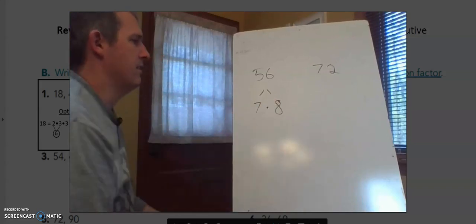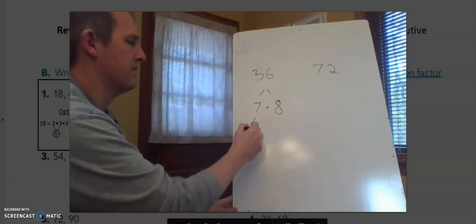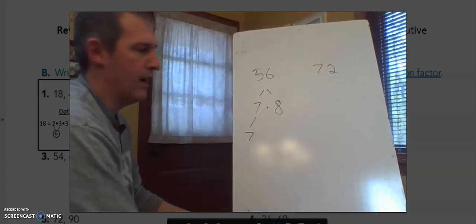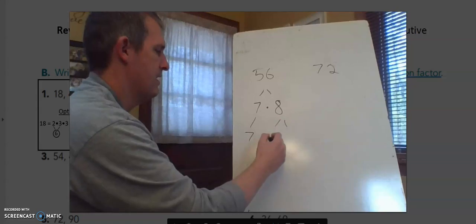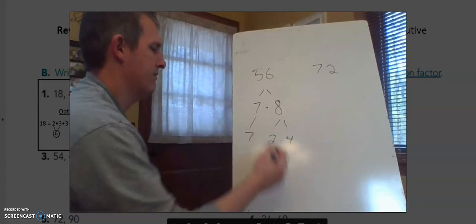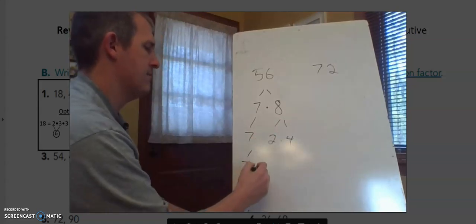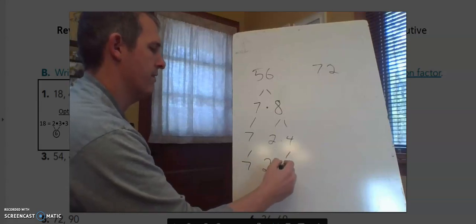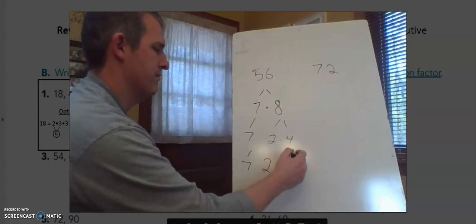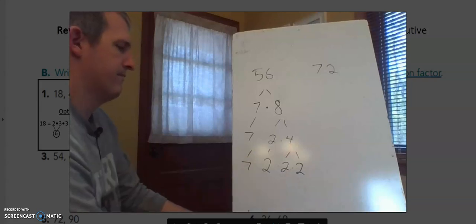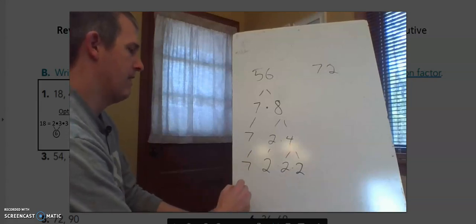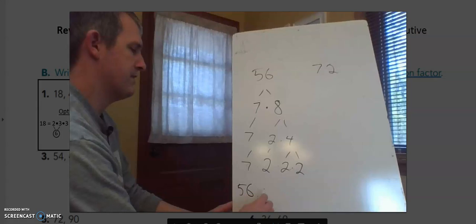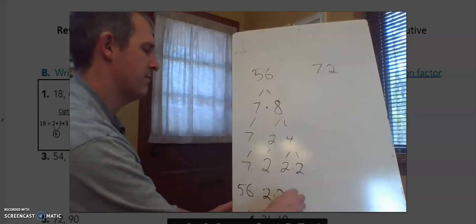Got a little trick that I learned. 7 times 8. 7 is prime, so I'm going to bring it down. All right, 8 is not prime. It's 2 times 4. All right, 7's prime, 2's prime. 4, though, can be split into 2 and 2. Okay? And so my prime factorization for 56 is 2 times 2 times 2 times 7.